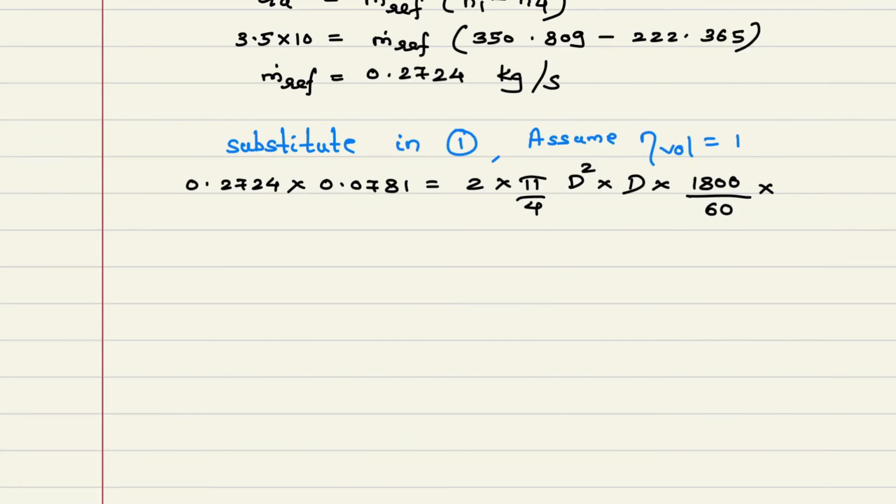From here we can calculate the diameter D, which is equal to 0.07671 meter, and D is equal to L. So finally we can write this value in centimeter, 7.67 centimeter.